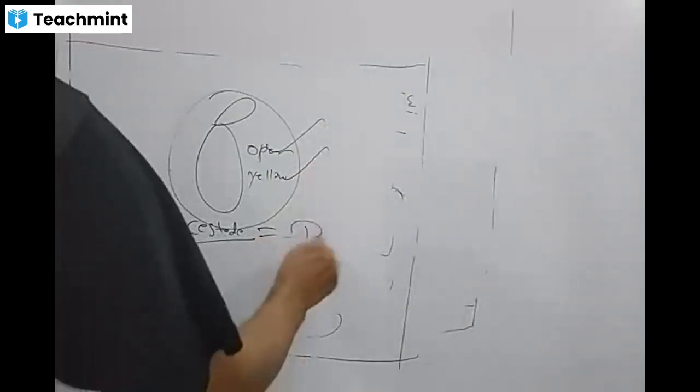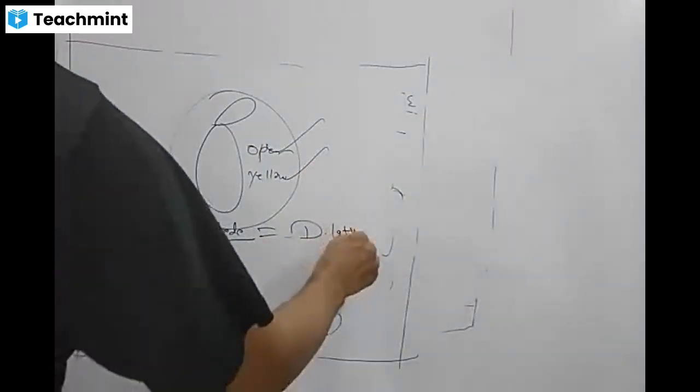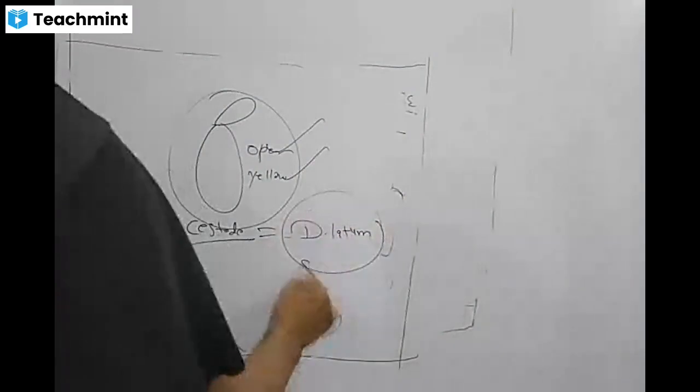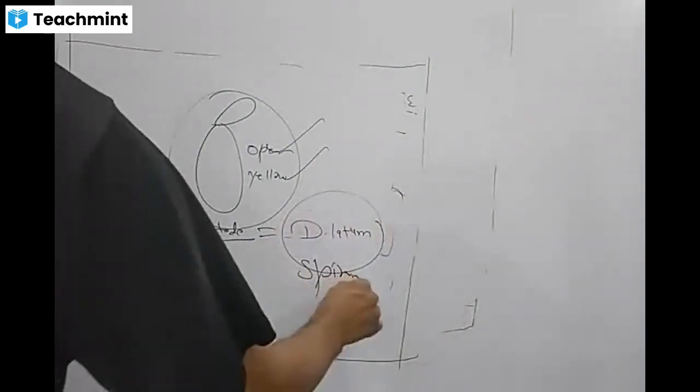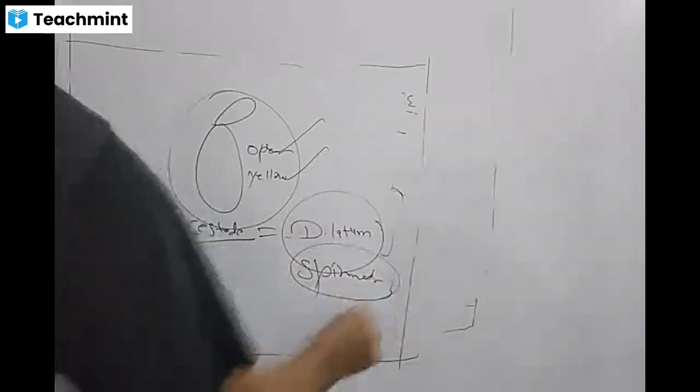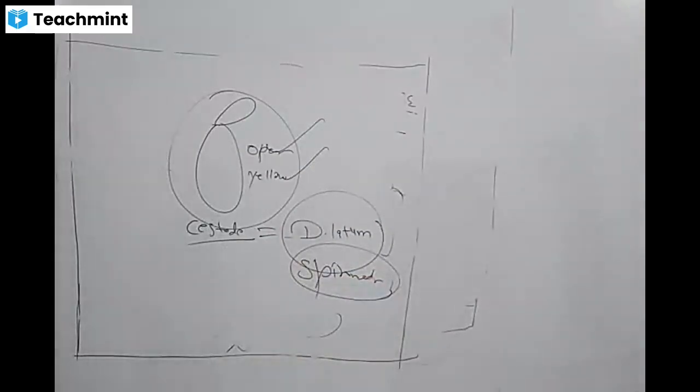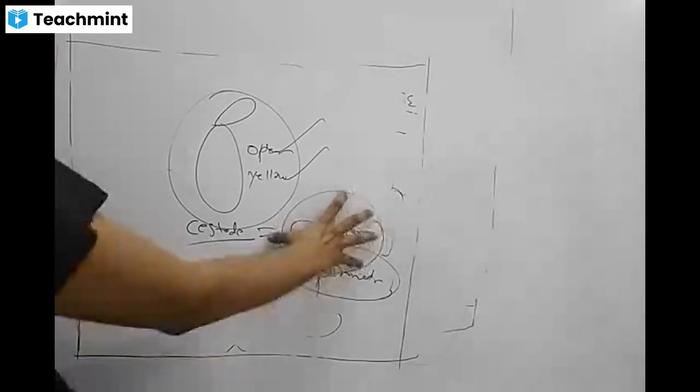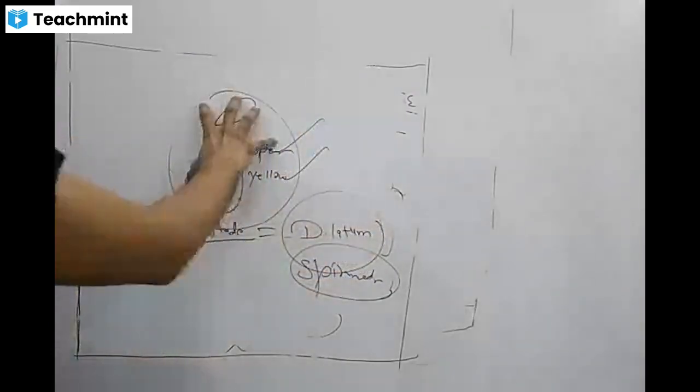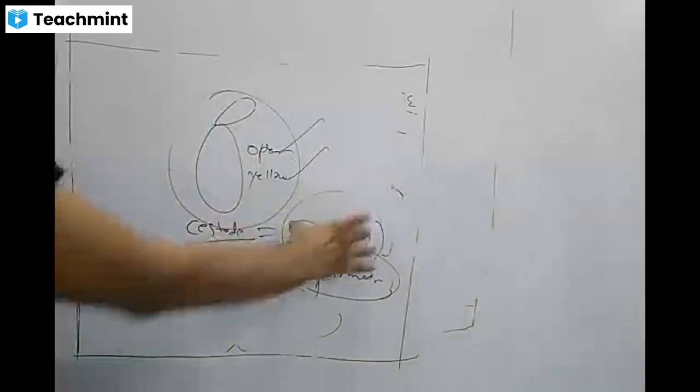The answer will be D. latum. So D. latum and Spirometra are the two primitive cestodes having most of the features similar to fasciola.